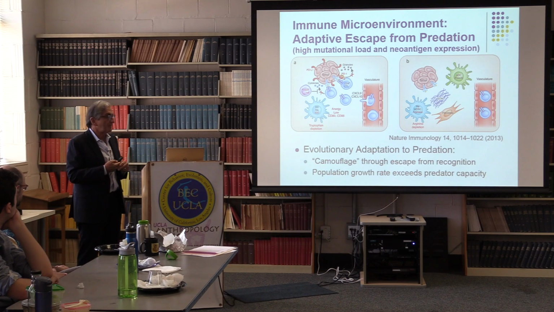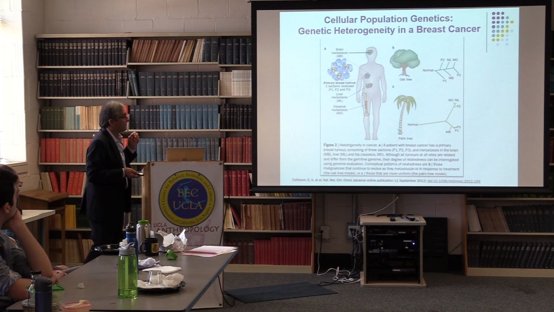Or if your population creates so many different antigens that no one comes to the surface as the predominant one, it won't trigger an immune response. So the resistance mechanisms to immunotherapy, I think, can actually be predicted by thinking of it in this way.